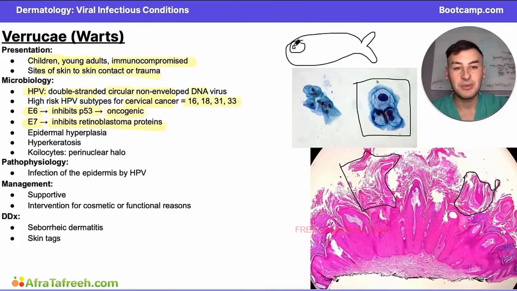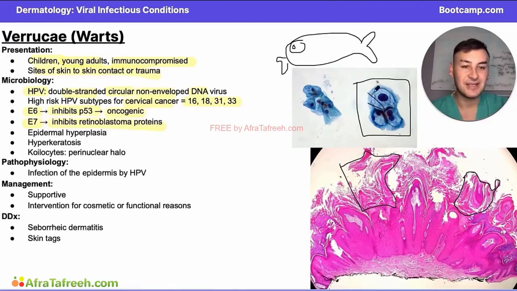So they have these big structures, okay? This is how I think of a koi. And to me, koilocytes look a lot like koi. They're kind of these fish-shaped cells, that is a tongue twister, with these big eyes representing their nucleus, okay? So that's how I remember koilocyte, and that's an infected cell by HPV.